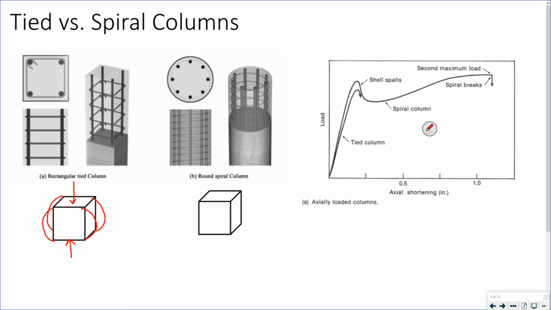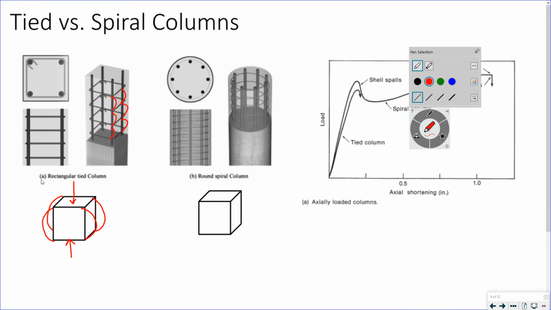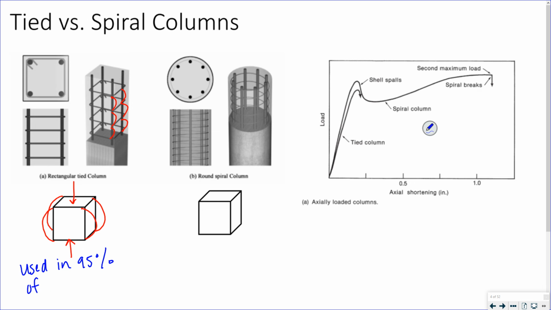And with the ties, you have the space to do that between those ties. Ties are used in 95% of buildings in non-seismic regions.